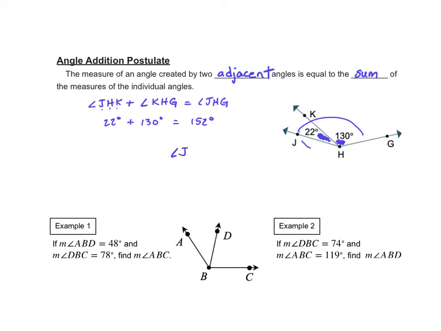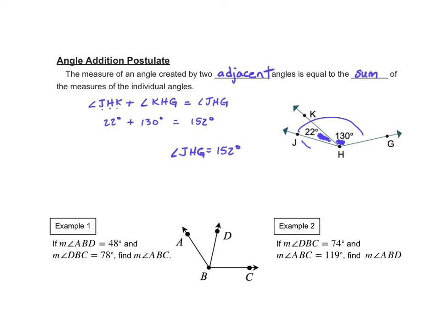So angle JHG is equal to 152 degrees. There you go. Doing some substitution, I created the sentence: the measure of two adjacent angles is equal to the sum of the measures of the individual angles. So these two added together equal the larger angle.